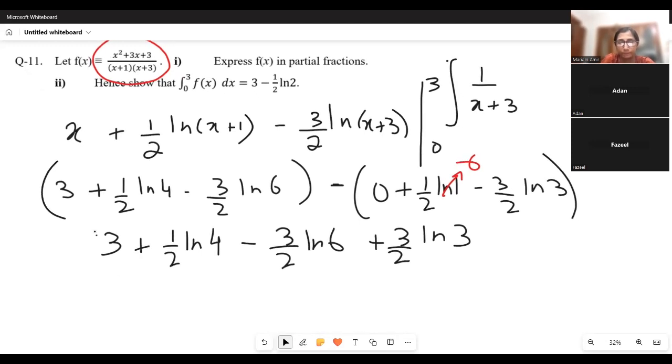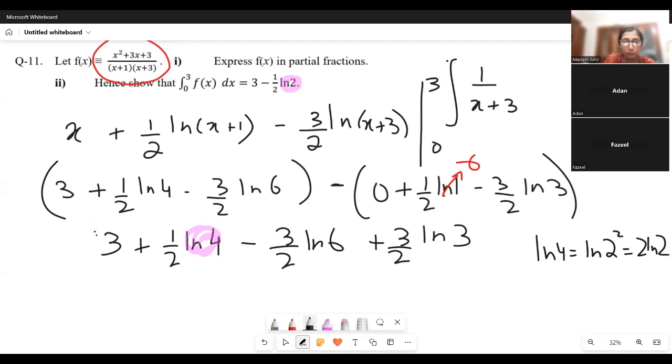ओके, अब लॉग के रूल्स यूज करने पड़ेंगे ताकि हमारे पास ln माइनस हाफ ln 2 आए. ये कैसे आएगा? लेट्स सी. ओके, ln 4 नहीं इधर चाहिए, इधर ln 2 चाहिए. सो ln 4 को हम लिख सकते हैं ln 2 square. ln 4 is ln 2 square, which is 2 ln 2.